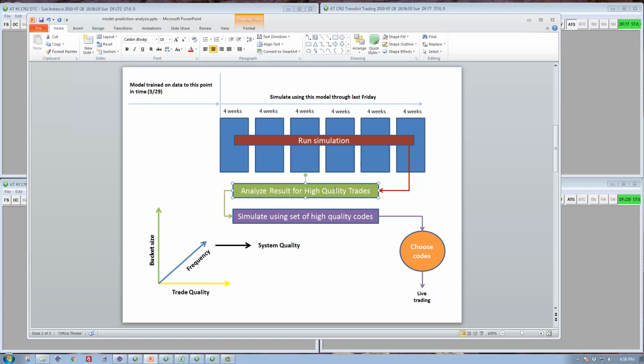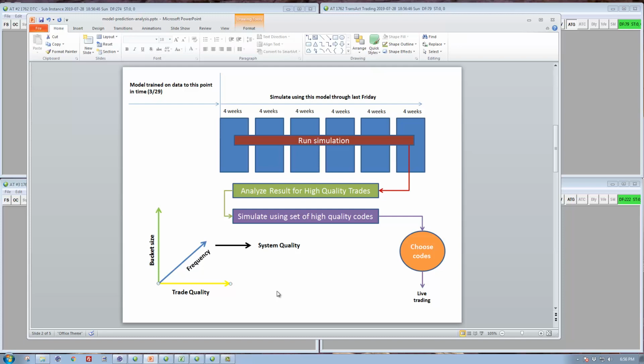The way we do that is we break this period of time, from March 30th through July 26th, up into buckets. In each bucket we combine all the outputs, and we're looking for just the ones that have a high trade quality.